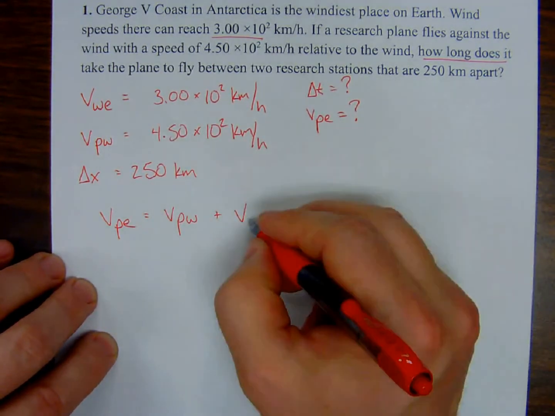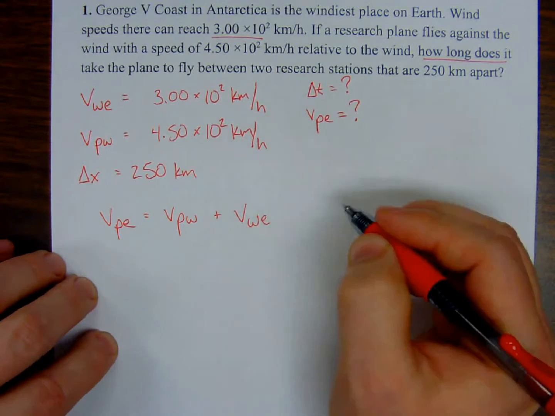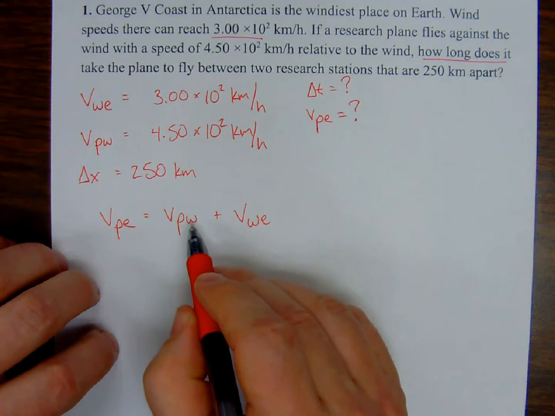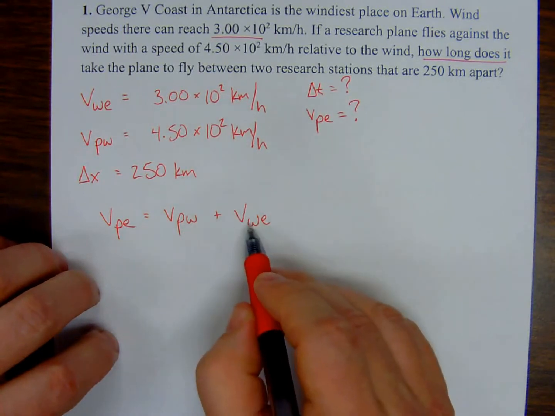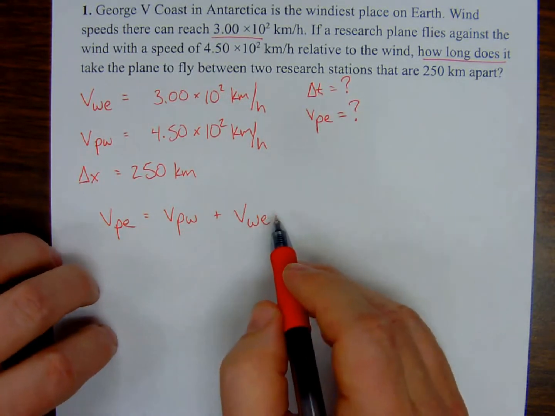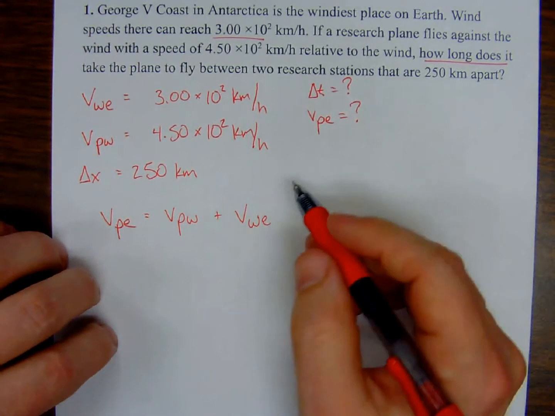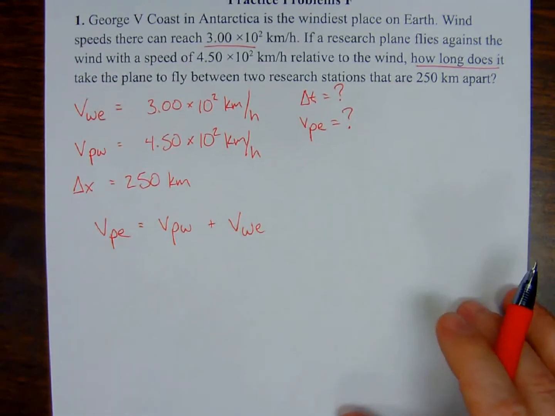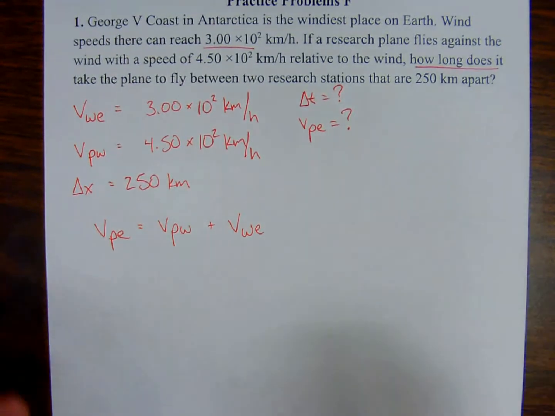Now, here's the issue. If I simply add these two velocities together, it's as though the wind was at the plane's back, and their velocities will add together to make one very, very fast-moving plane, around 750 kilometers per hour. Now, that's not what's going on.